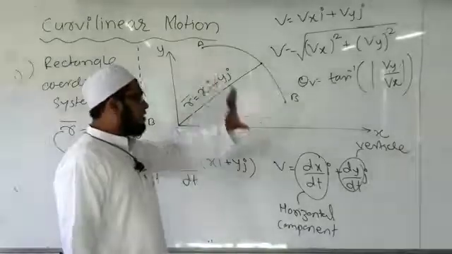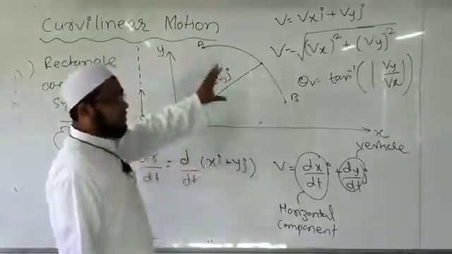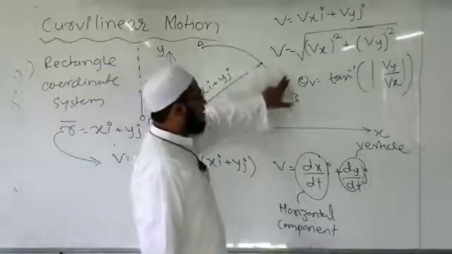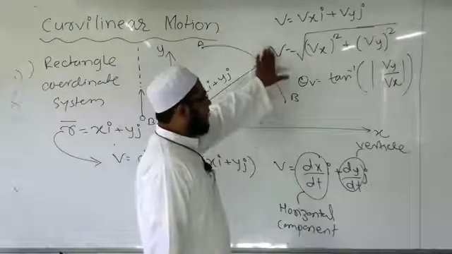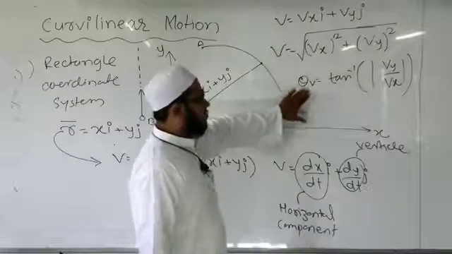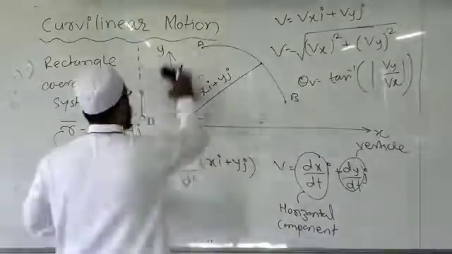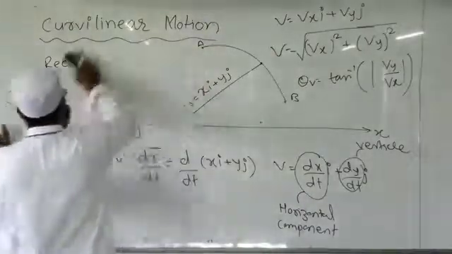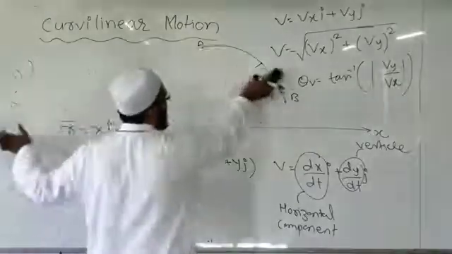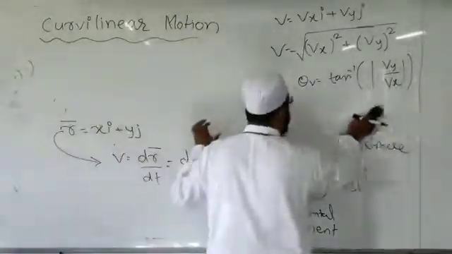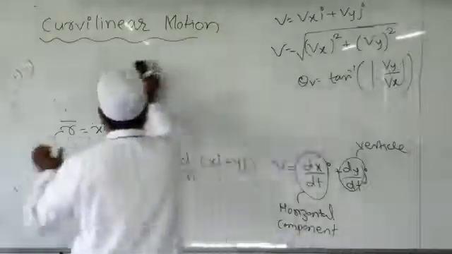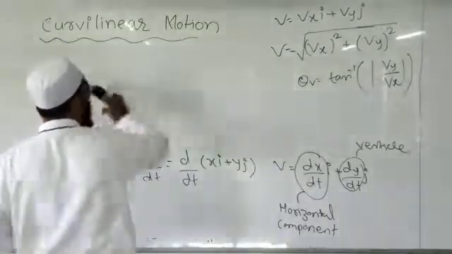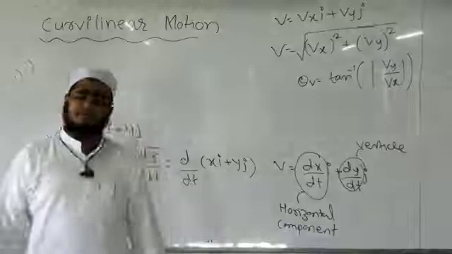So with the help of this, we can find the direction of the velocity as well as the magnitude. Direction we get from theta v equal to tan inverse mod of vy divided by vx, and magnitude from v equal to root of vx square plus vy square.